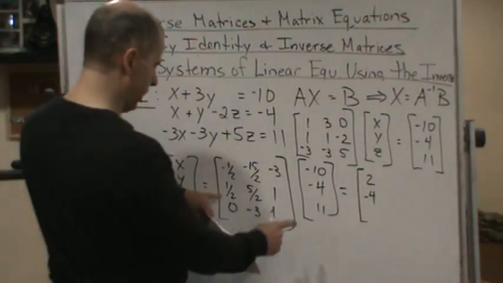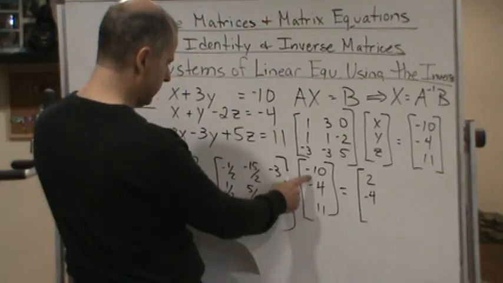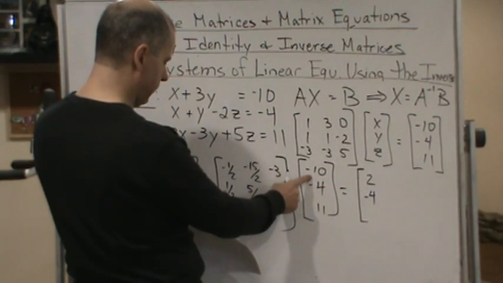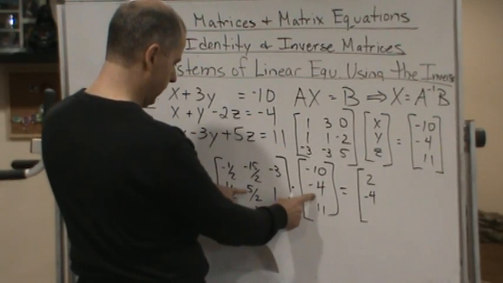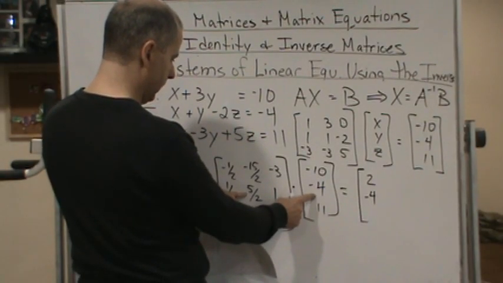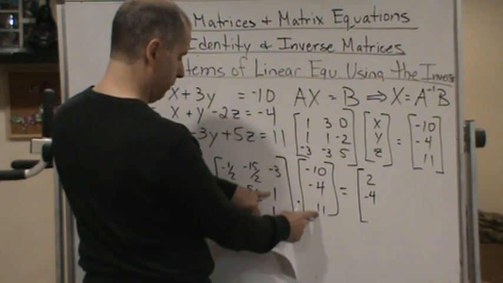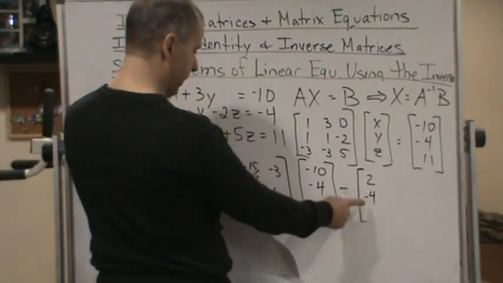Right? So all I'm doing is the inner product, right? So 1/2 times negative 10 is 5, plus 5/2 times negative 4 is negative 10, which gives me negative 15, plus 11, which is negative 4.